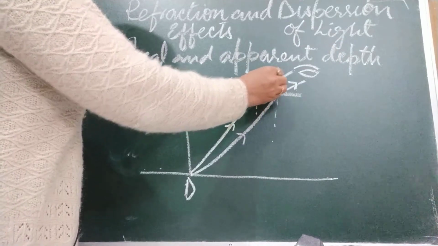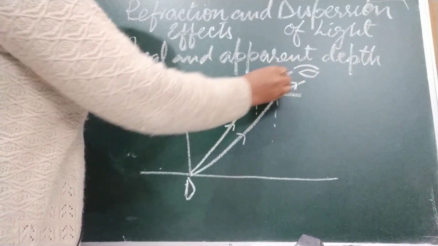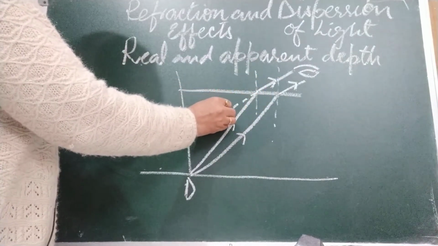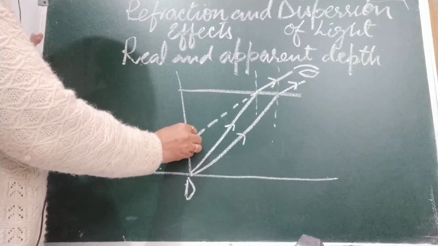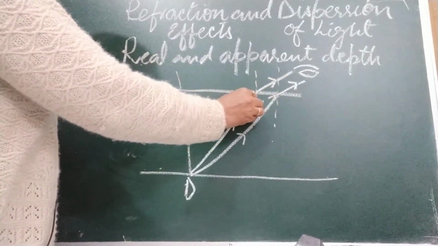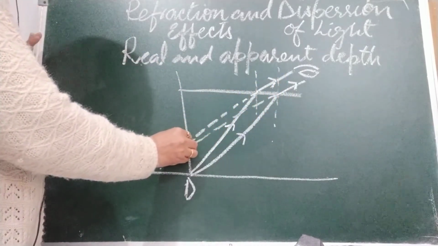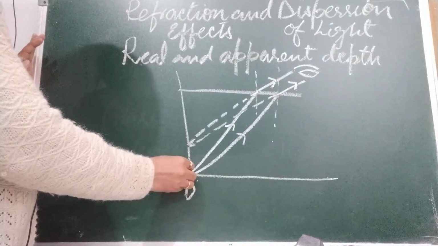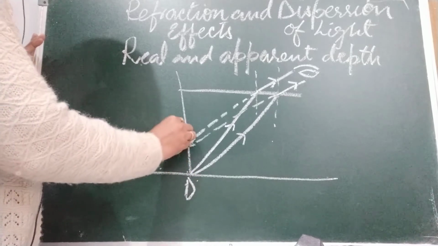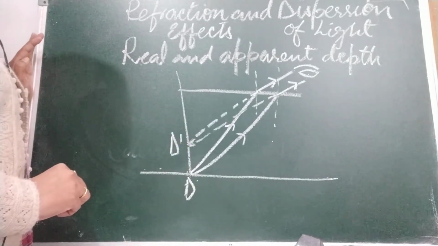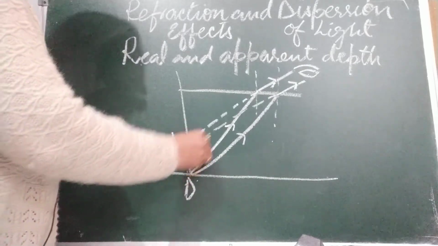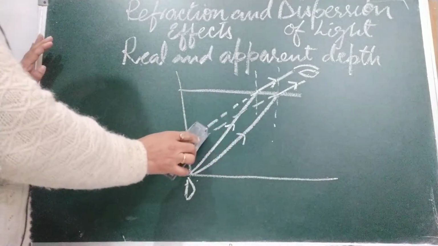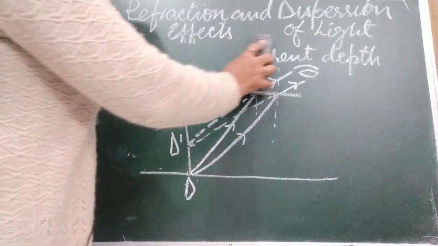It seems that if we continue these two rays which are reaching our eyes, they are coming from this point. Okay, so we do not see the real depth. What we see is the apparent depth. So D1 is the apparent depth. From outside we cannot see the real depth. Why? Because of this refraction.